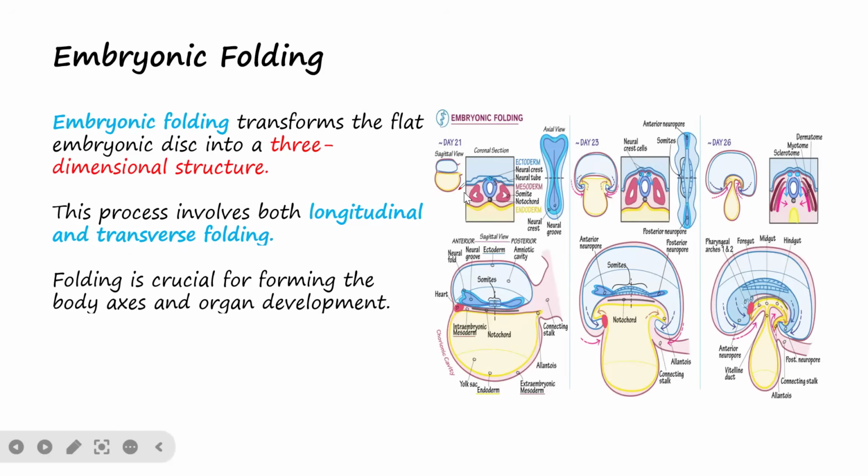But that is not what we are discussing here. It's just for you to understand the importance of embryonic folding. It involves transforming a flat embryonic disc into its three-dimensional structure, and it is very important for forming the body axis and organ development.